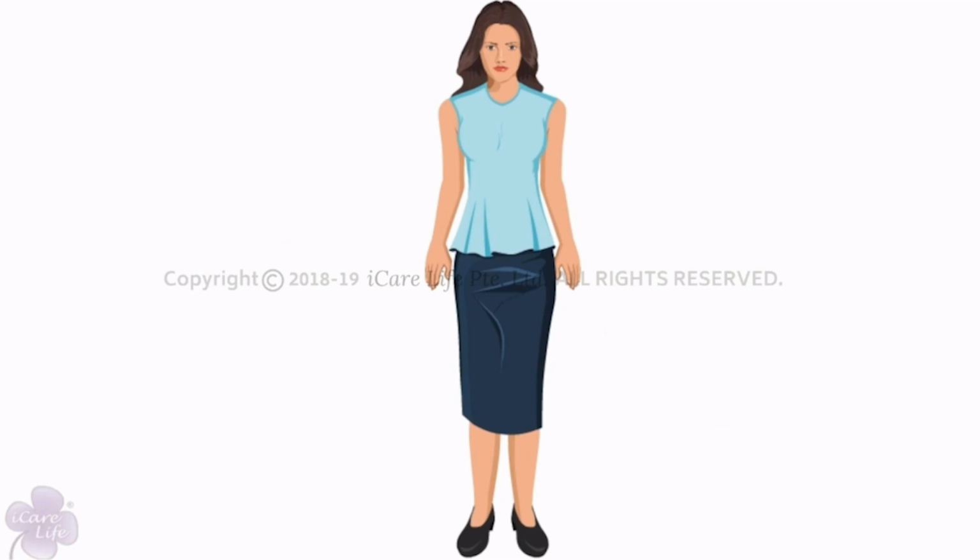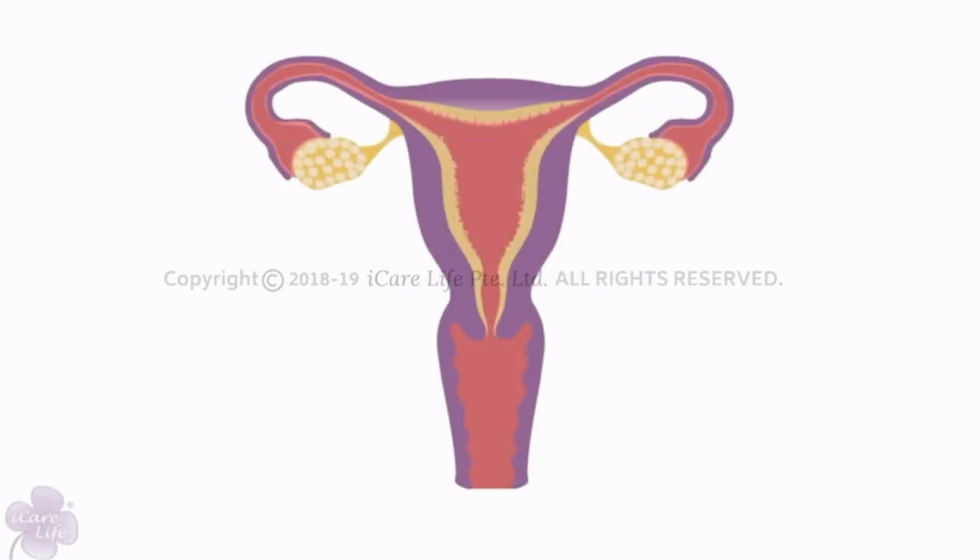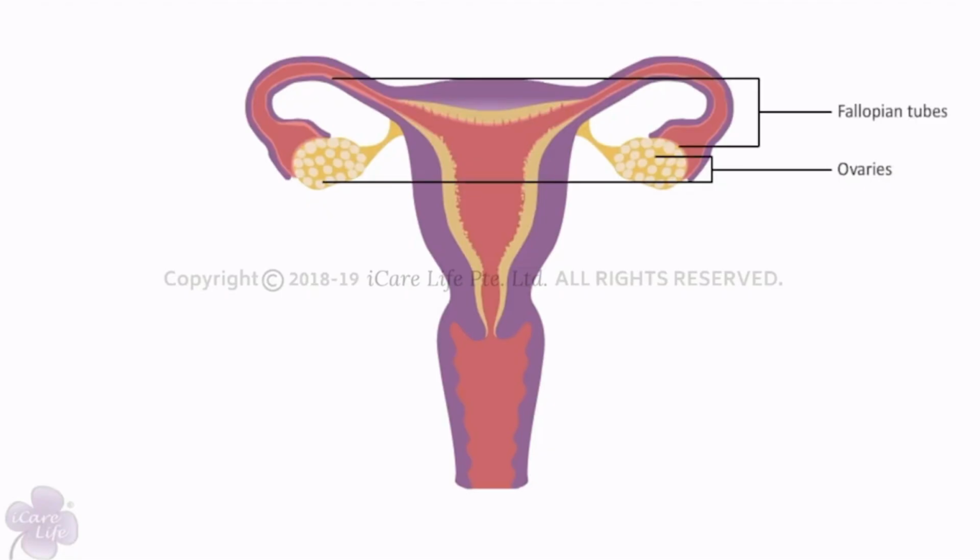The female reproductive system can be divided into external parts and internal parts. The internal parts include the ovaries, fallopian tubes, uterus, and vagina.